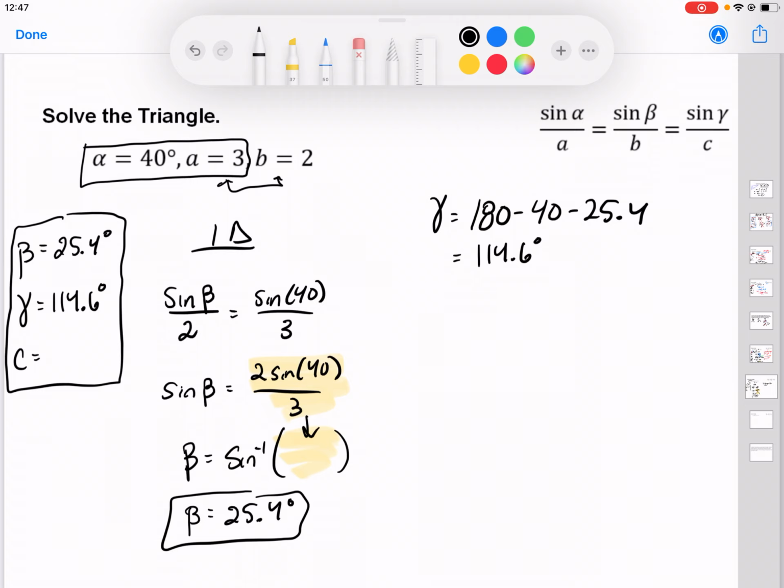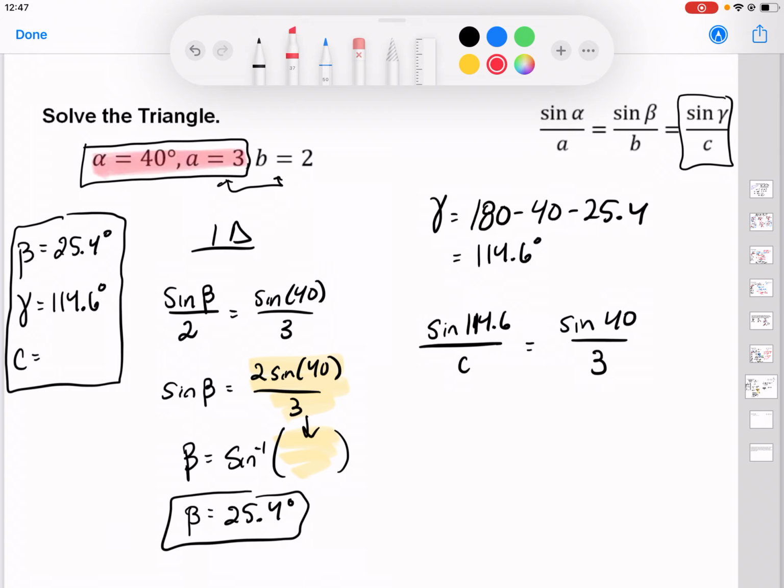And then to find C, you're just going to be using gamma, so sine of 114.6 over C has to equal sine of, and I'm going to go back and use the 40 over 3. So I always go back to this stuff since it was the original information. And then we've got, so I should label this as step 1, step 2, step 3.